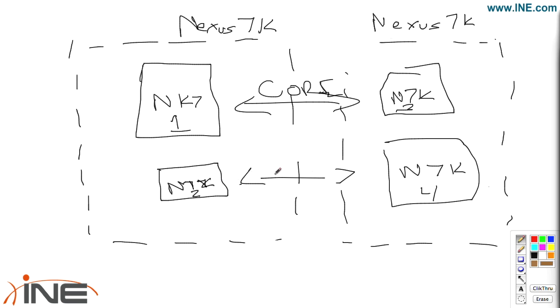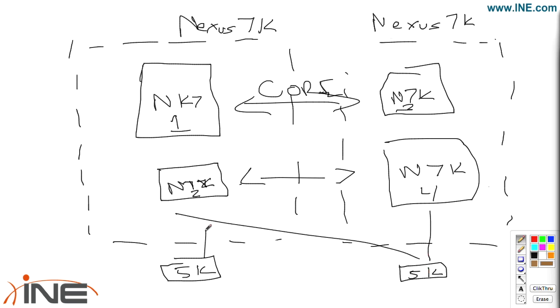layer of aggregation. So from aggregation down to my access switches, down to my Nexus 5K switches, I might want to, and traditionally would, use layer 2 switching only. So I've got down here, not pictured yet, I'll go ahead and add in here, 5Ks. And of course those 5Ks may have Nexus 2K FEXs or fabric extenders, and they may have multiple links going up.